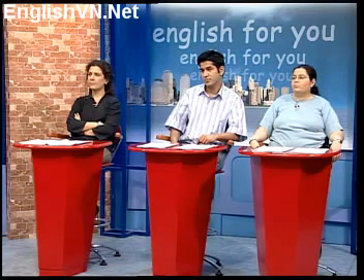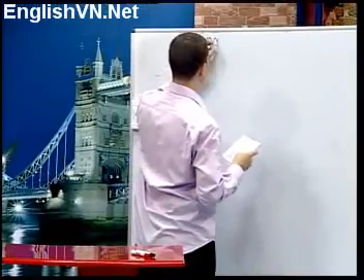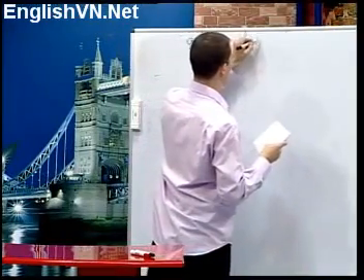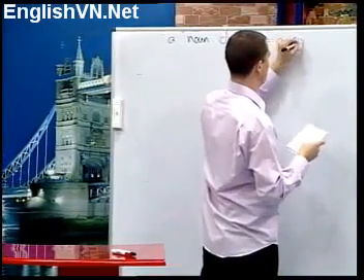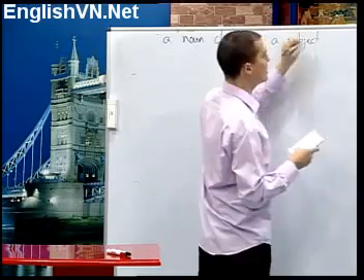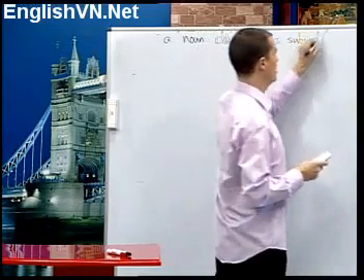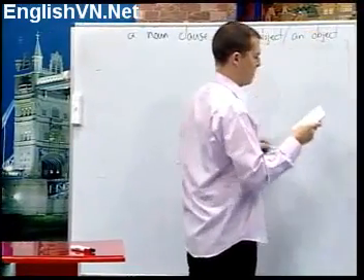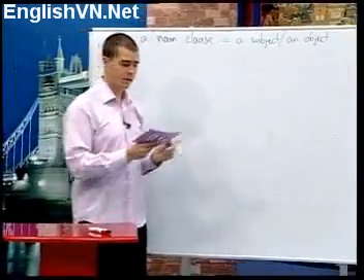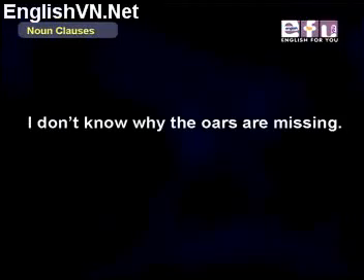Okay, a noun clause. We can use a noun clause as a subject or as an object. In the first sentence, why the oars are missing.